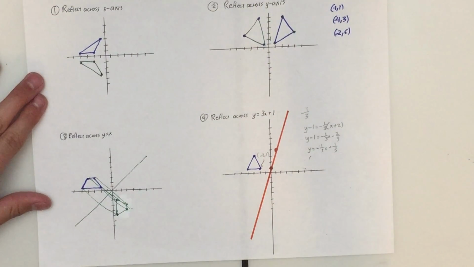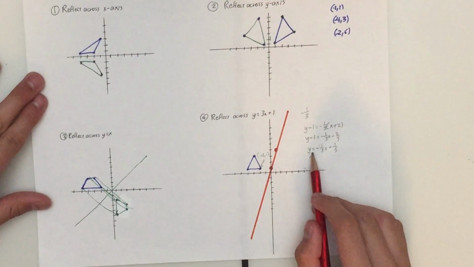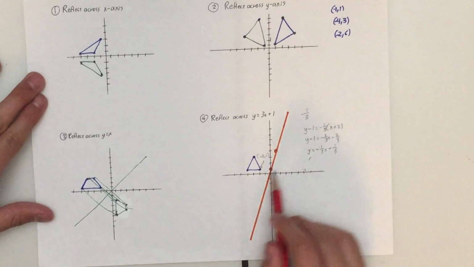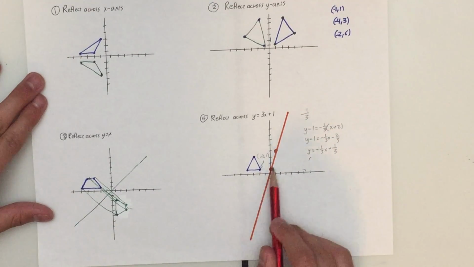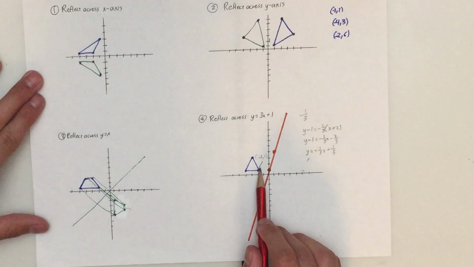So now we have the equation. So y equals -1/3 x plus 1/3. So that is the line that is perpendicular to the line of reflection and contains the point (-2, 1).